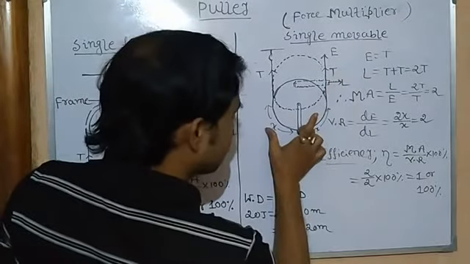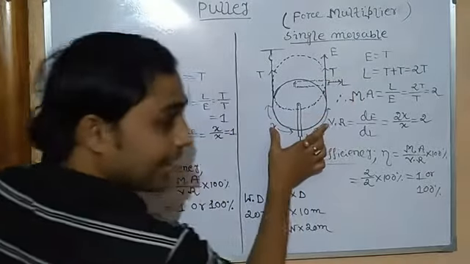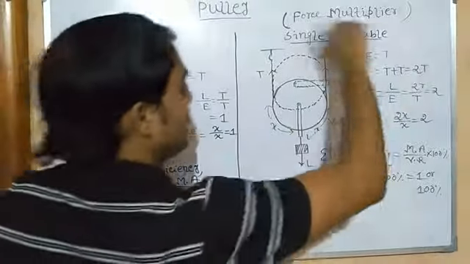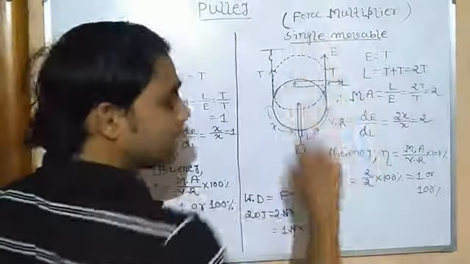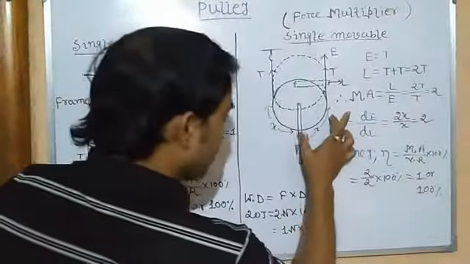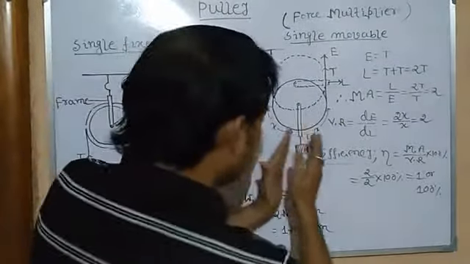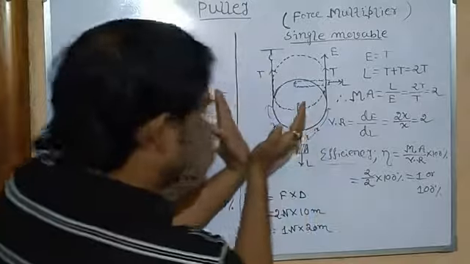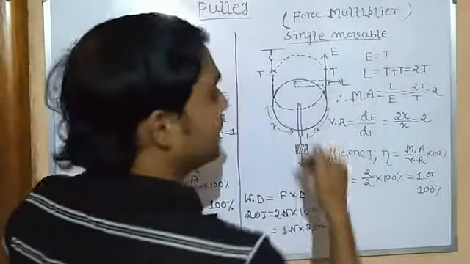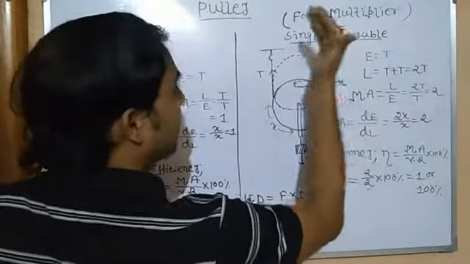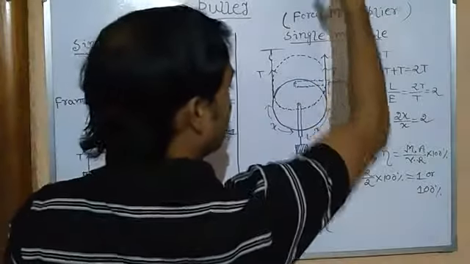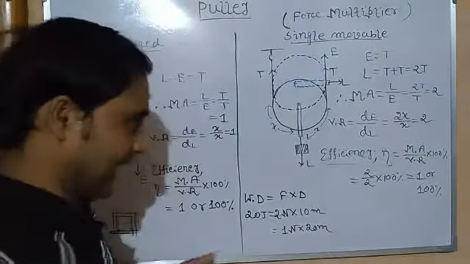So x plus x will make an influence on the effort side. If the load is traversed by x distance, this side will automatically traverse x distance, and this x distance and this x distance will be added, and totally the string at the effort end will move twice x distance. I think it is clear, isn't it?